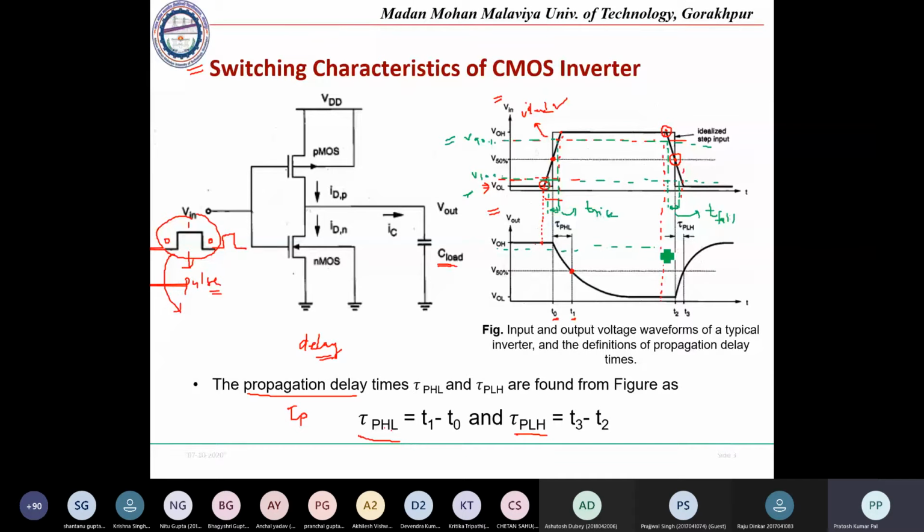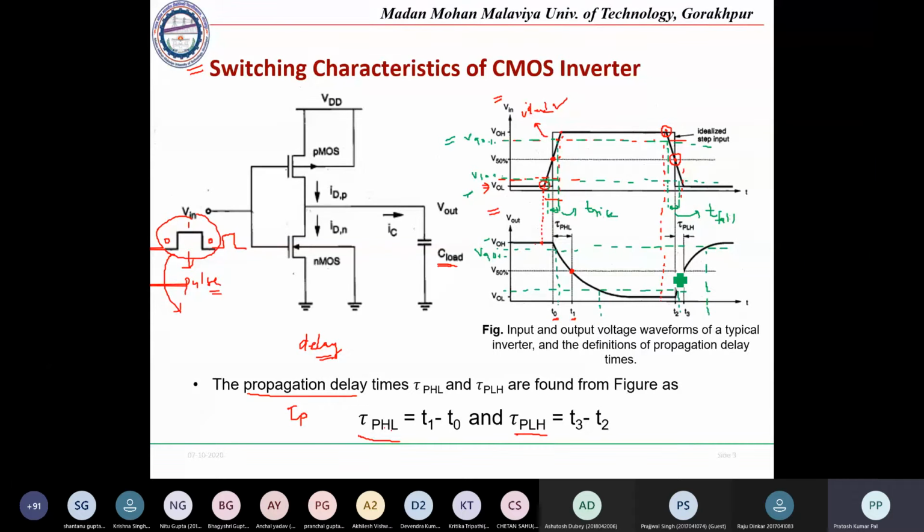Suppose this is the maximum output, so 90% of this will be there, and this is the minimum output, so 10% of it will be there. From here to this value will be your fall time, and from this value to this value will be the rise time.